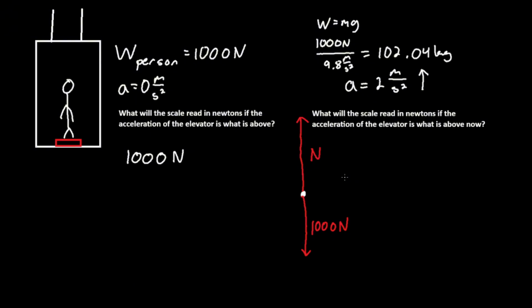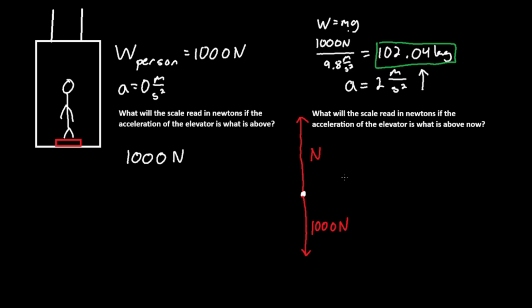So this guy's pretty bulky. Maybe muscle, or he's just really tall. But 100 kilograms of pure muscle would be absolutely insane. But this guy's 102.04 kilograms.